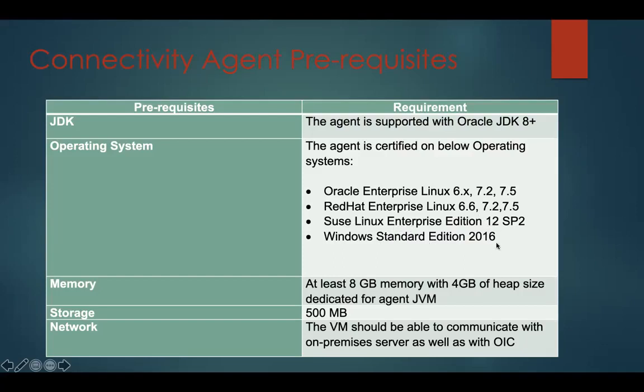It can be Windows. Memory should be at least 8 GB, with 4 GB of heap size dedicated for the agent JVM. Storage can be 500 MB. Network: the VM, the virtual machine or the physical machine, should be able to communicate with the on-premises server as well as with the OIC. So this is very important to understand.